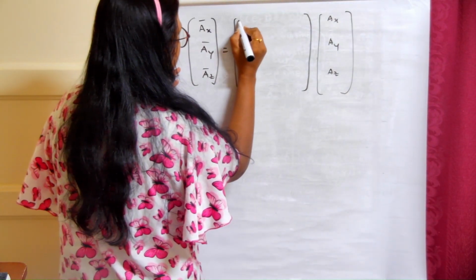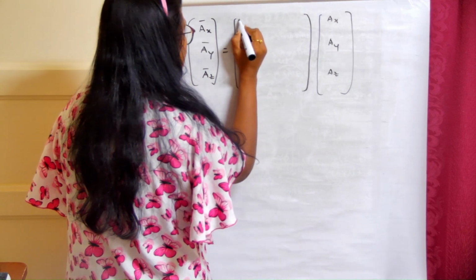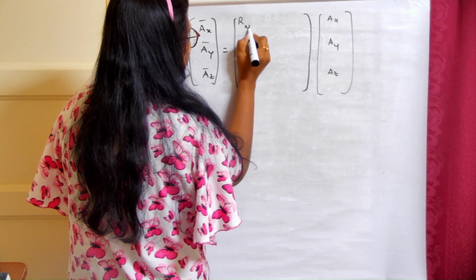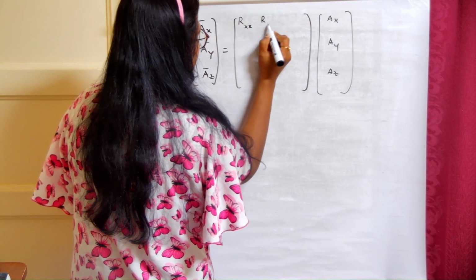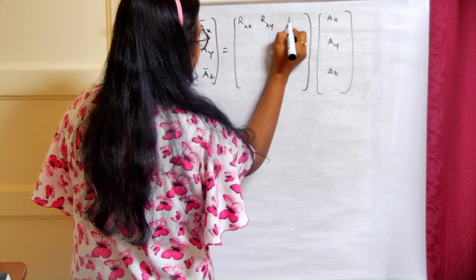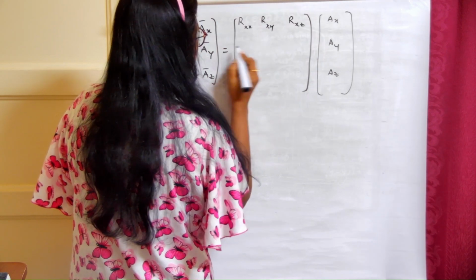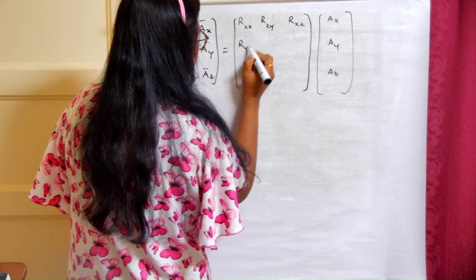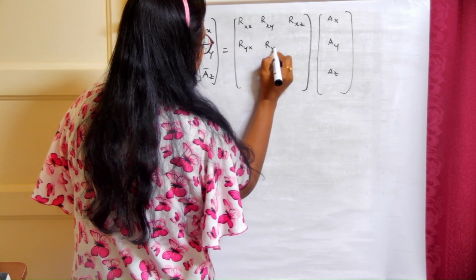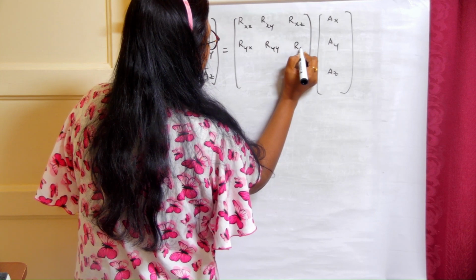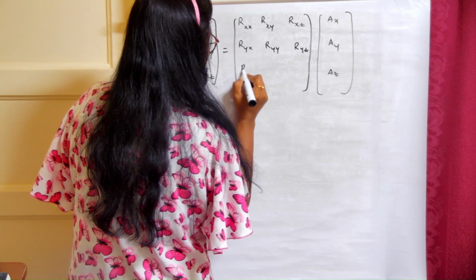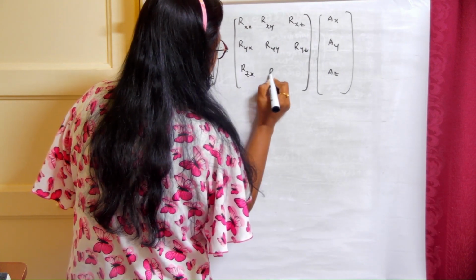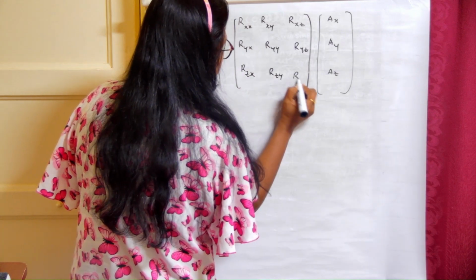Let me write it as an R matrix: Rxx, Rxy, Rxz, then Ryx, Ryy, Ryz, Rzx, Rzy, and Rzz.